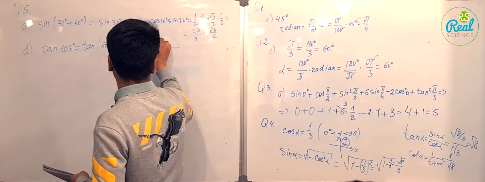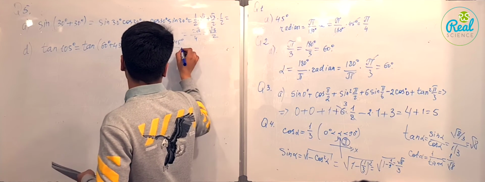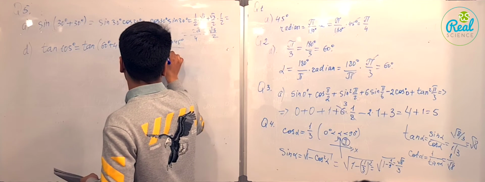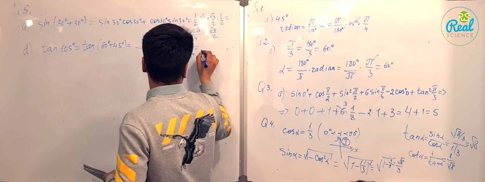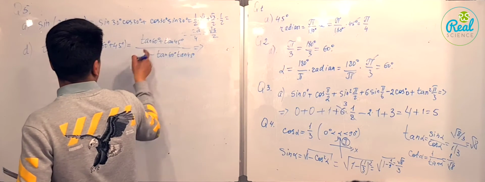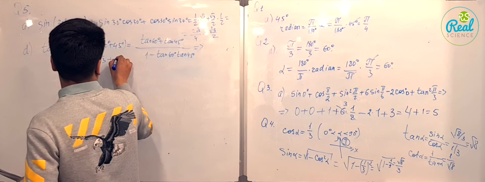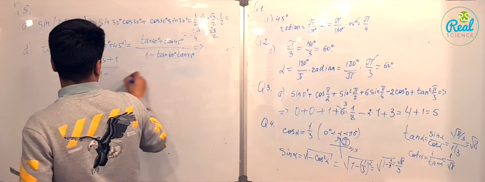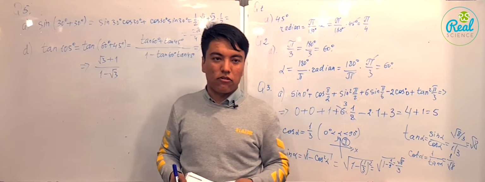So tan 60 plus tan 45, over 1 minus tan 60 tan 45. Tan 60 is square root of 3, tan 45 is 1. Square root of 3 and 1. That's it. It's the value of tan 105.